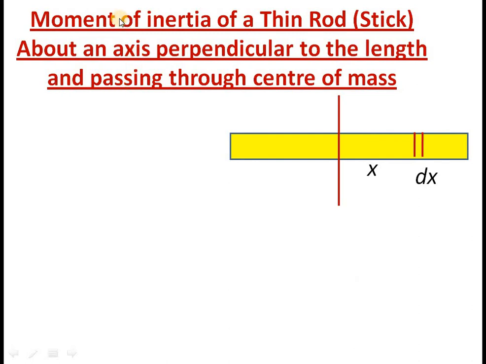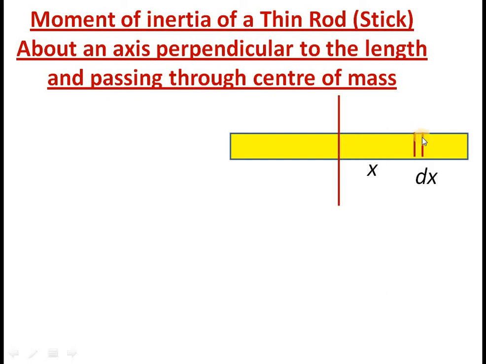And now comes a thin rod. It's a stick or a cylindrical rod. Suppose it is rotating with respect to a perpendicular axis. Then what will be the total moment of inertia of the entire rod? That is what we want to calculate. For that, you take this axis and imagine a small thin disk of thickness dx at a distance x from the axis.